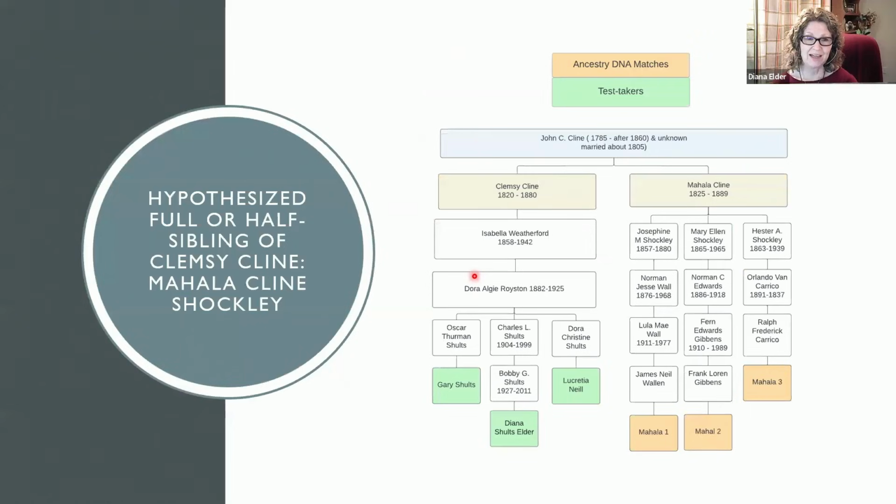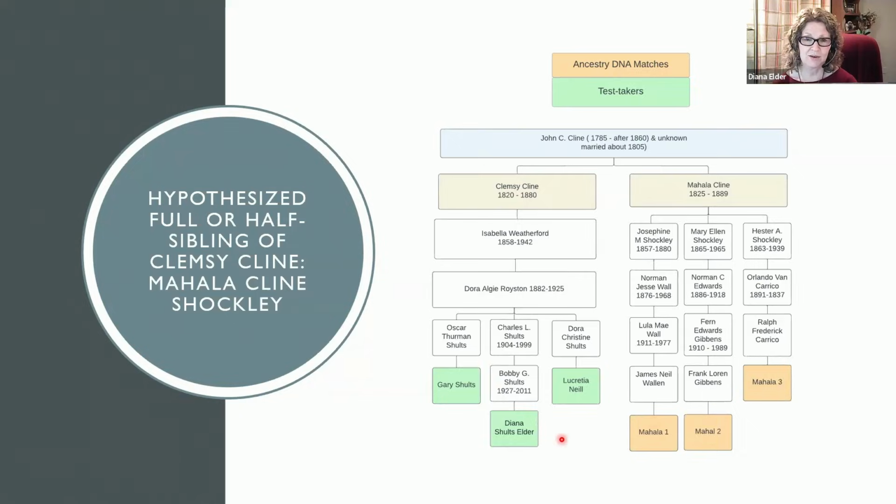Now, I had found a hypothesized sibling of Clemsy in a Mahala Cline who married a Shockley. I'm not sure if she's half or full sibling yet, but I was able to find some genetic evidence. And so you can see here's Mahala, and here's the 2 sisters or half sisters, and then children, and then, of course, the descendants. And these match the descendants of Clemsy.